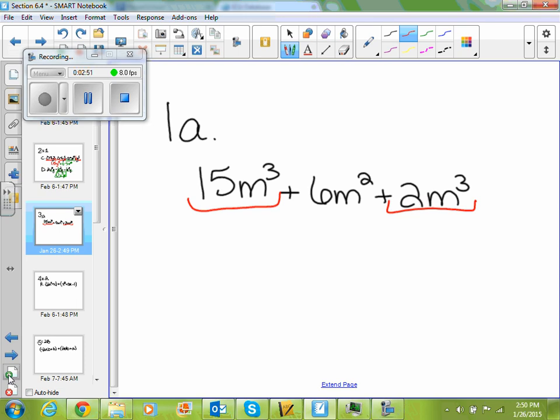They have to be the same exponent. So 15 plus 2 is 17m cubed. And then we also have this plus 6m squared. There's nothing to combine it with, so we just put it at the end. When there's nothing to combine it with, you just add it to the end of your problem.